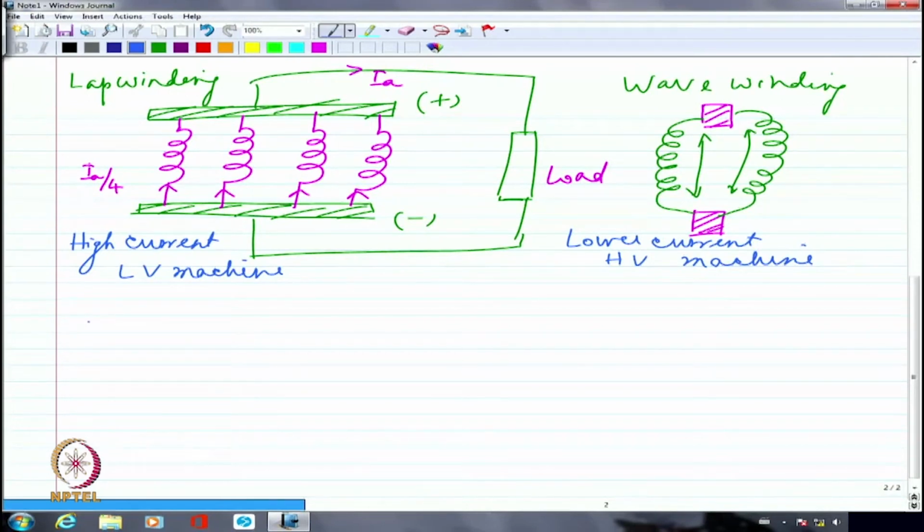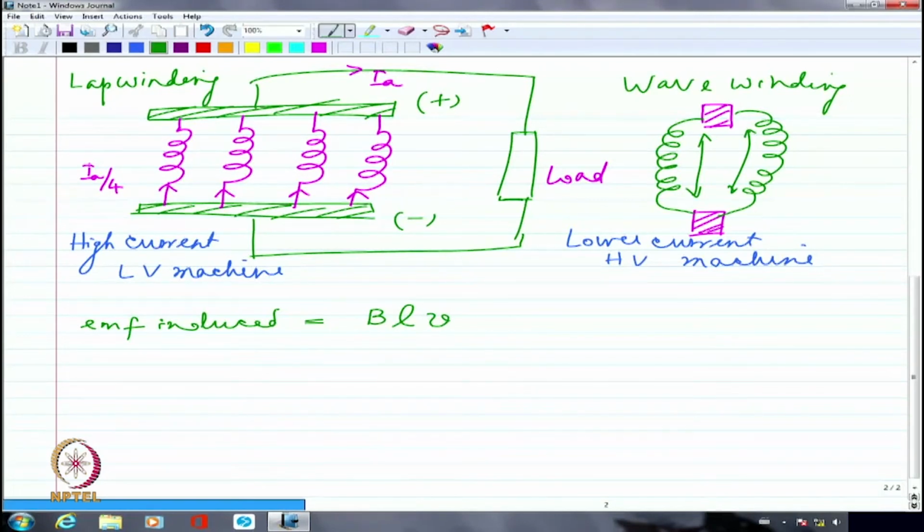So this you must have definitely studied: the EMF induced when I have a conductor whose length is L, moving in a magnetic field whose flux density is B, with the velocity V of the conductor, BLV is going to be the induced EMF for this particular conductor of length L, right?